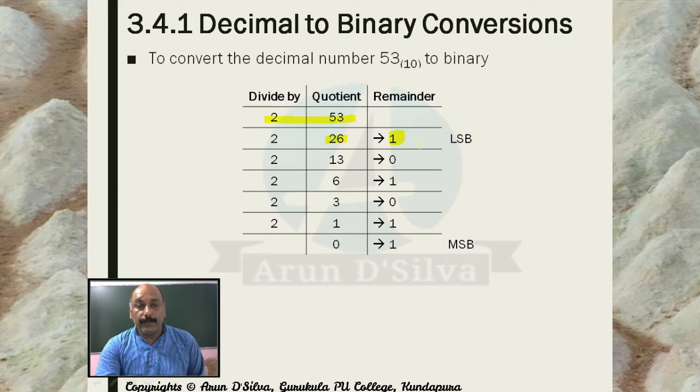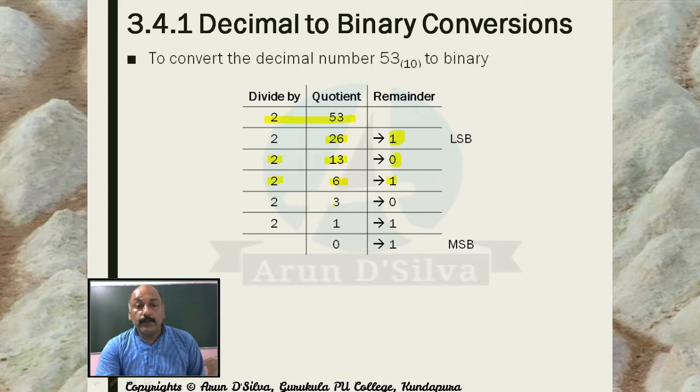Remainder is 1. Again, I'll divide 26 by 2. The quotient becomes 13 and remainder is 0. That also I recorded here. Got it? Again, after dividing by 2, I got 6 as quotient and remainder 1. Then the same thing I am repeating.